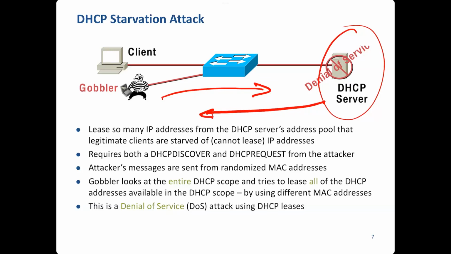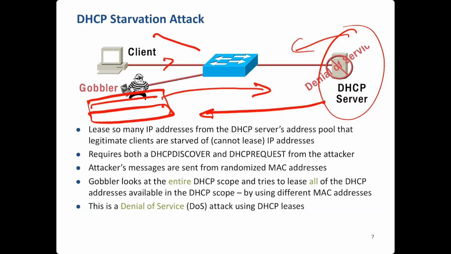So the attacker will get all the IP addresses available, the entire scope, and as a result, when a third person connects fresh and wants an IP address, it will make a DHCP request but will not get any, because all IP addresses have been consumed by this gobbler.